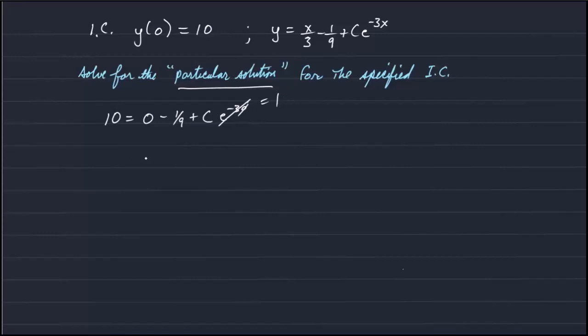Then solving for c, we get c is equal to 10 plus 1/9, 10 and 1/9, and that's equal to 91 over 9. So our particular solution for this initial condition is y equals x over 3 minus 1/9 plus 91 over 9 e to the minus 3x.